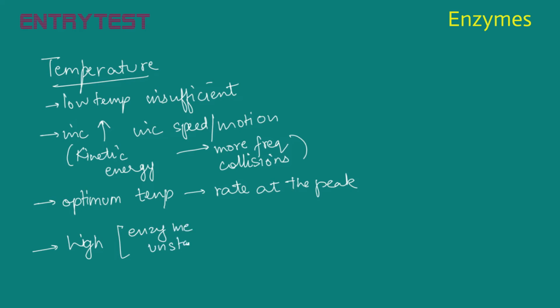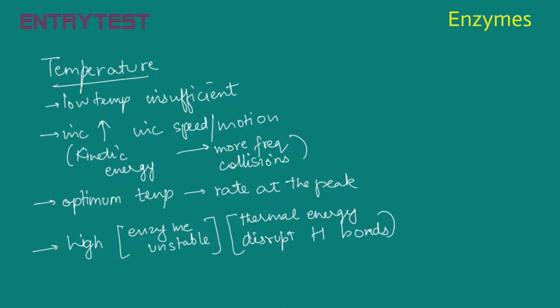It will become unstable because the thermal energy, which is more than the optimum amount, will disrupt the hydrogen bonds that are holding the enzyme together. This causes the enzyme to lose its shape, and there is loss of enzyme activity. This process is known as denaturation, when the nature is lost. So that is the effect of temperature.